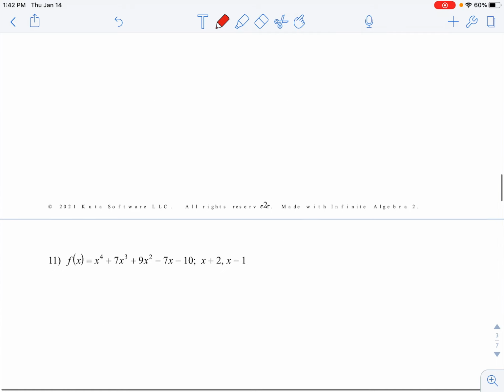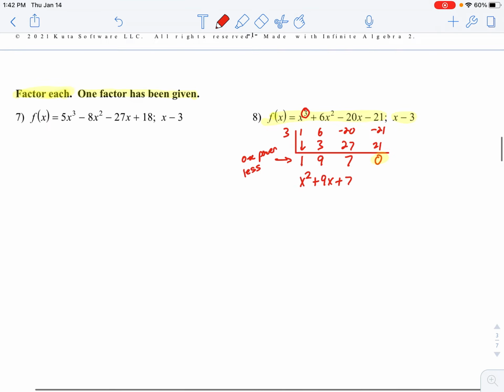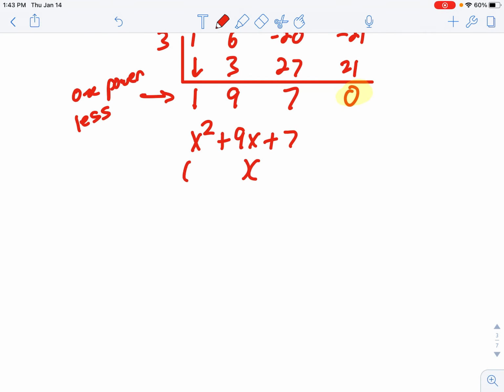So here's what we are supposed to do. You're supposed to look at what you have left and say, okay, can I factor this using any of the traditional means? And that's where you put an x here, and then you look for two numbers that multiply to 7 and add up to 9. We've done a ton of this. It turns out that the only option for multiplying to 7 is 1 and 7. There's no other choice.